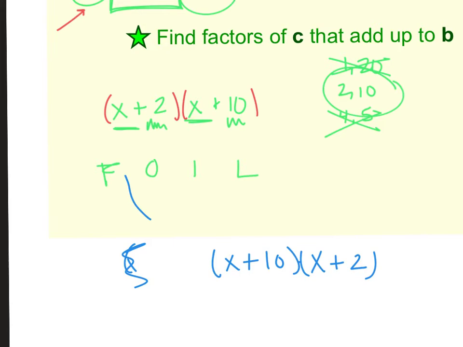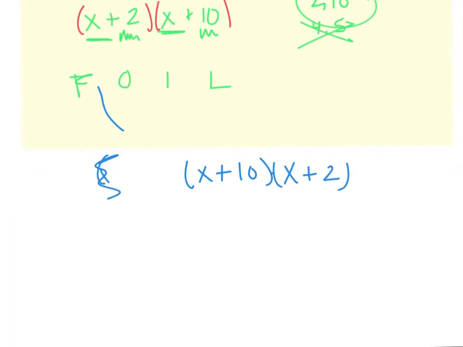Here's what you're going to do to show me that you have thought through your answer and that this is correct. This is our little check that we're going to do. First of all, we know that the x times the x gives you the x squared, right? We know that the 10 times the 2 gives you the plus 20.